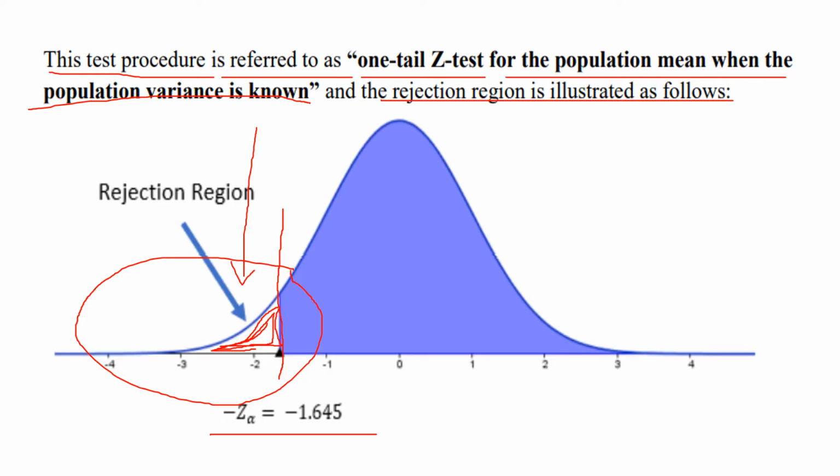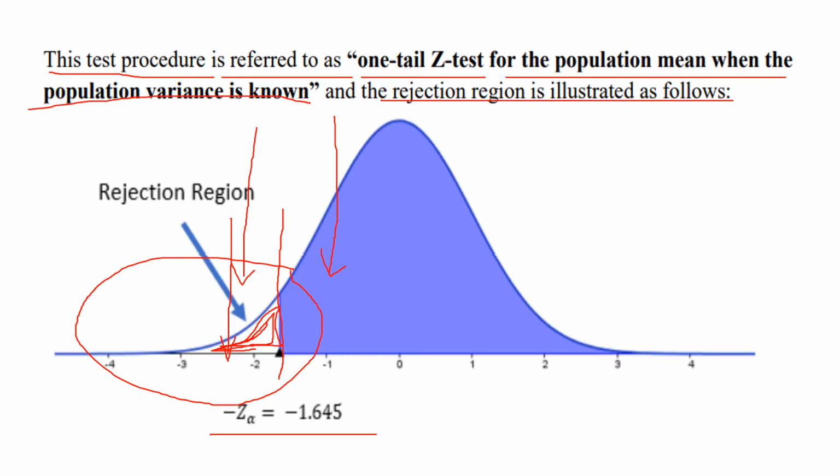This will serve as our basis to conclude whether we reject your null hypothesis or not. If your computed C falls here, or is less than negative 1.645, you reject your null. If it falls here, or is greater than negative 1.645, then we accept your null hypothesis. So that will be our conclusion.